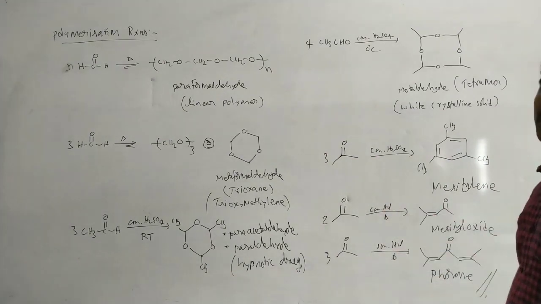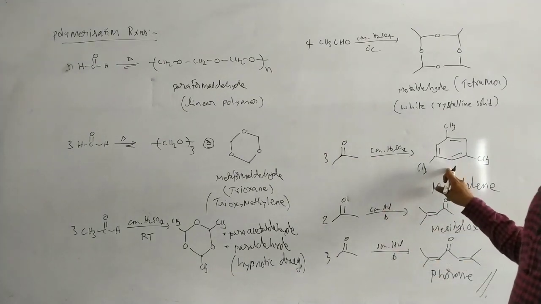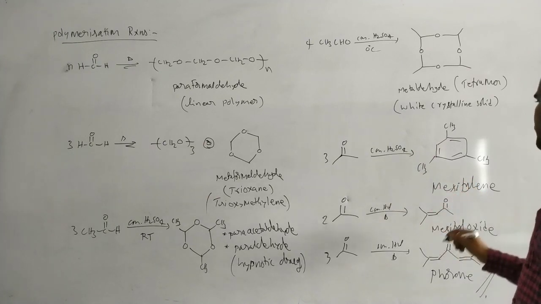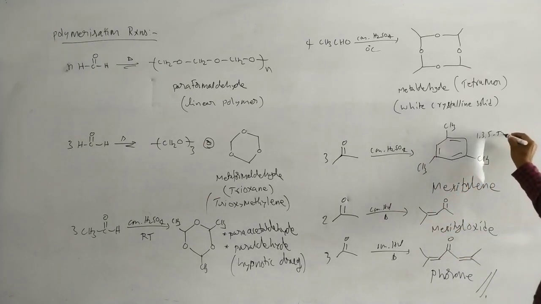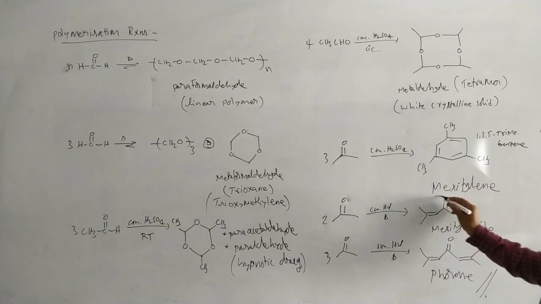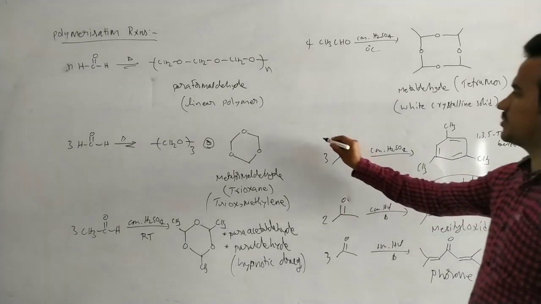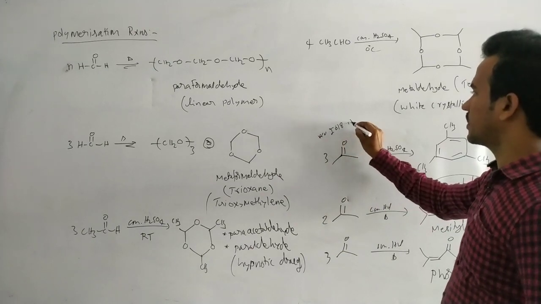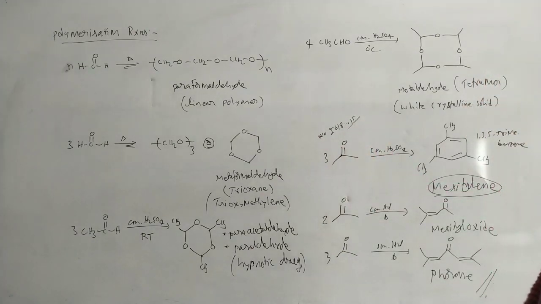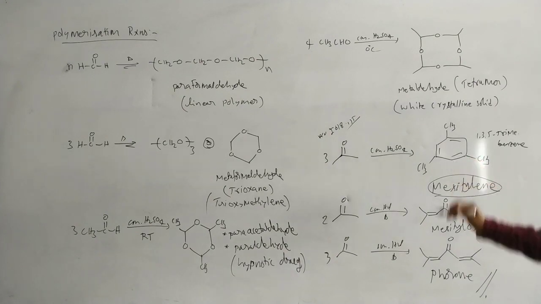And 3 moles of acetone give the benzene compound 1,3,5-trimethylbenzene, known as mesitylene. Very, very important; it came in the previous year, I think the 2018 JEE Advanced, IIT. Mesitylene is 1,3,5-trimethylbenzene.